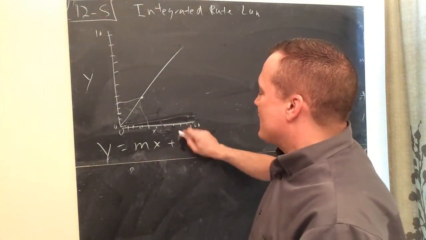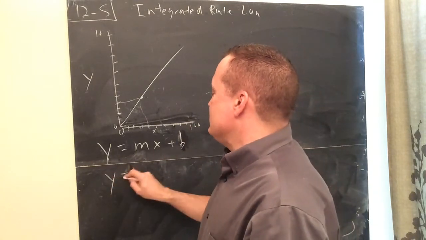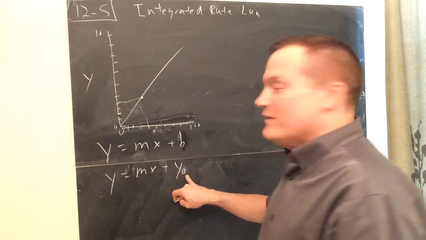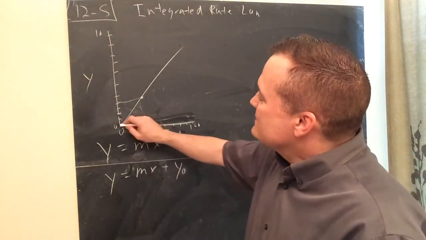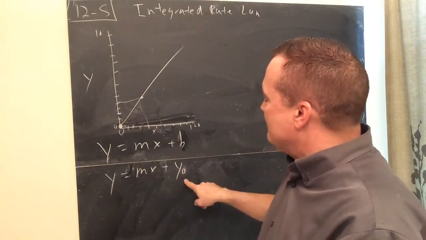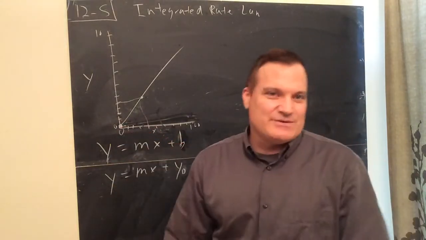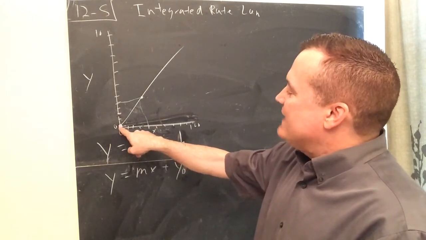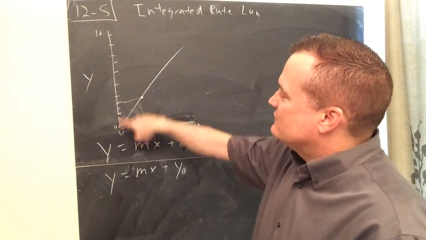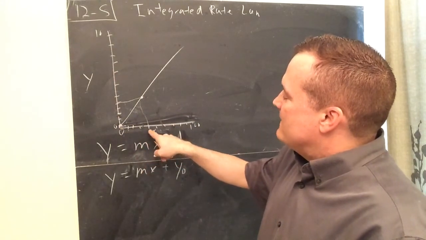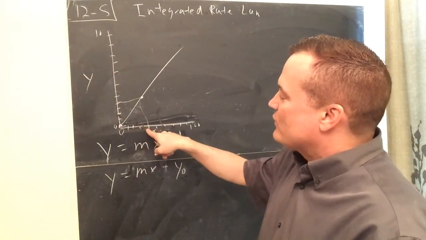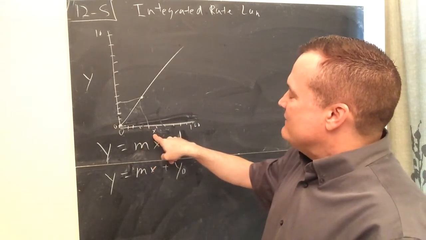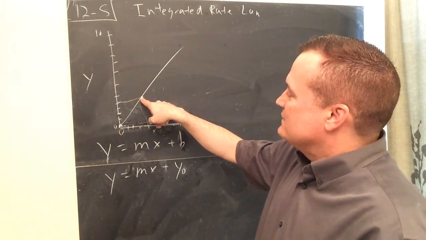Another way to write this is y equals mx plus y naught. Y naught is where y begins, the initial y mark, and usually it's 0 in a graph, so we don't really have to worry about that. If you start at 0, you add to 0 the value of x, which we said was 40, times the slope, m, and that gets you to this point up here.